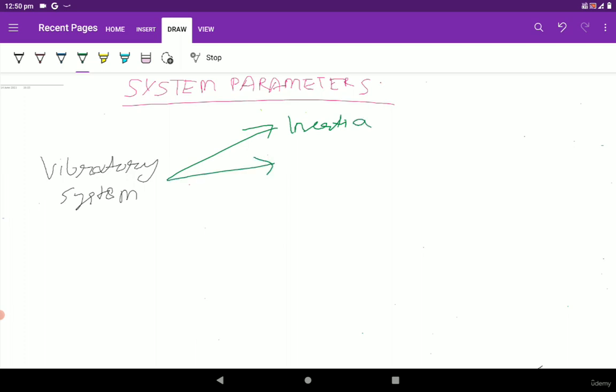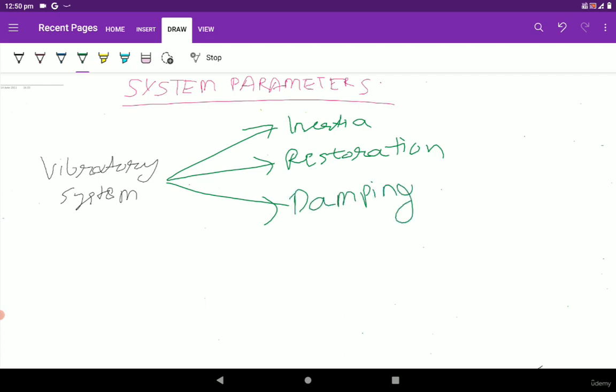Second one is restoration. And third one is damping. Now, in this lesson, we are going to learn about the first parameter, that is inertia.